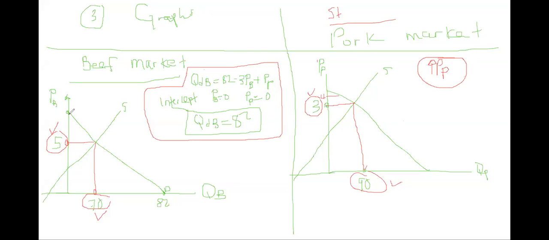Okay. So let's assume that the price of pork increases. What is going to happen in the beef market? The demand of beef will increase. Exactly. And if the demand of beef increases, what will happen to the demand curve?